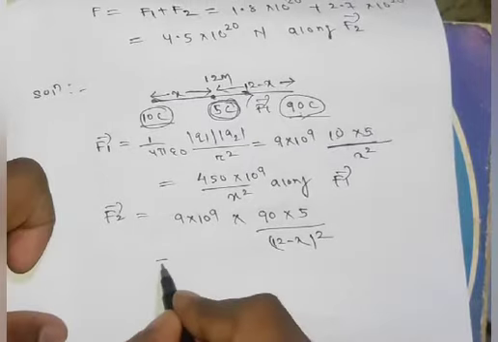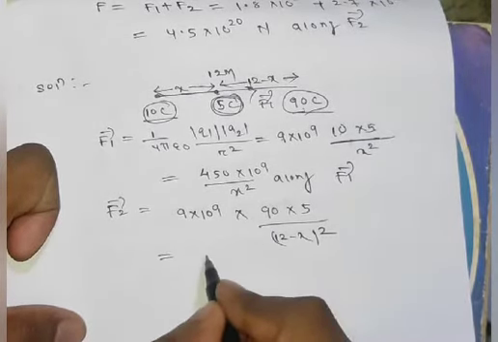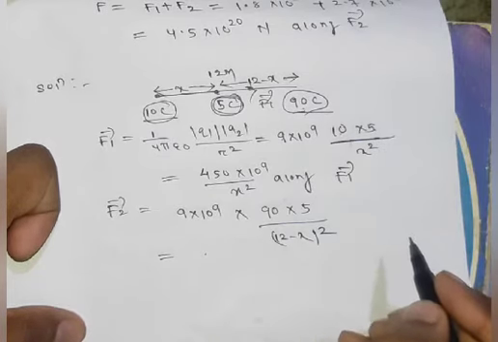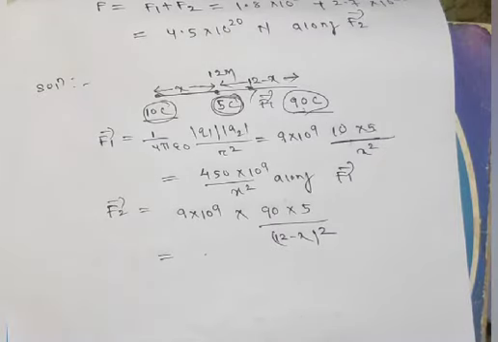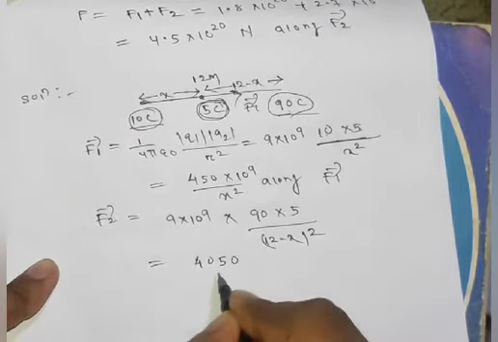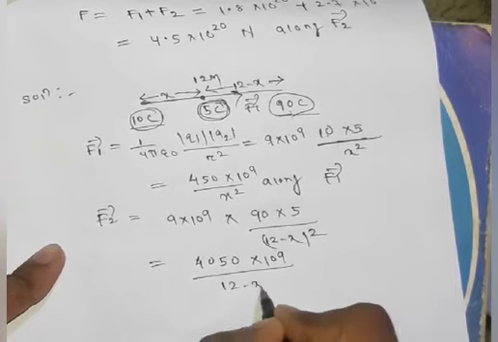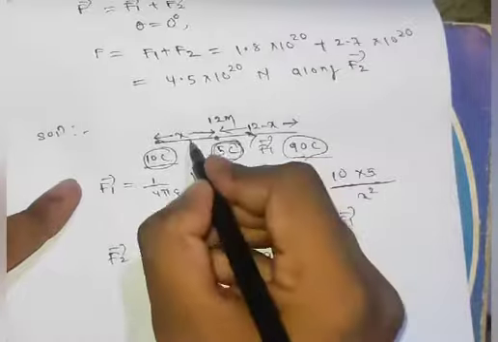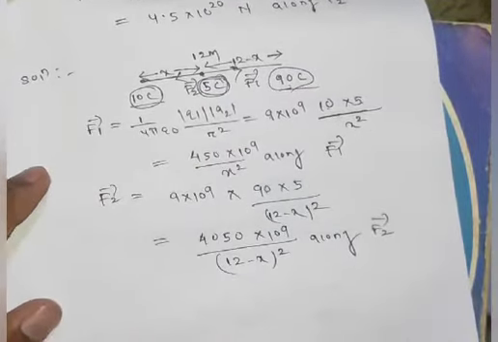When we solve, 9 into 90 is 810, so it will be 4050 into 10 to the power 9 divided by 12 minus x whole square. That will be directed along F2.